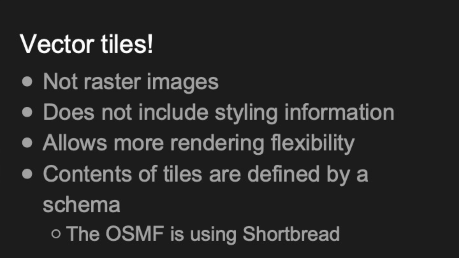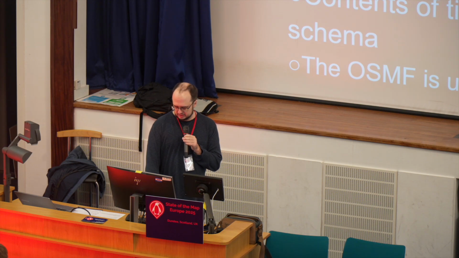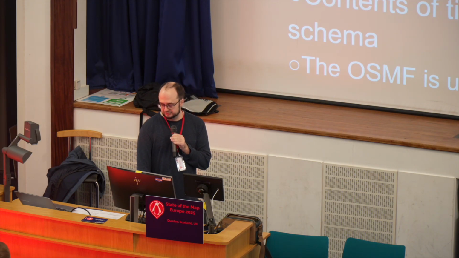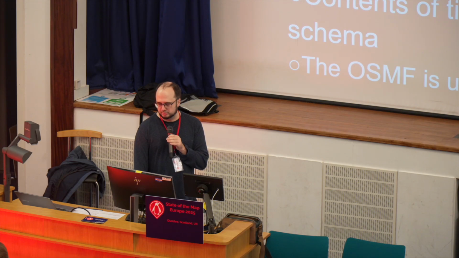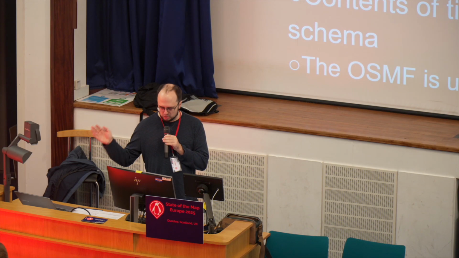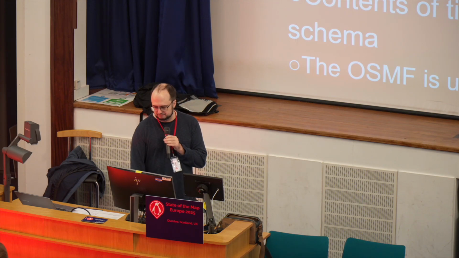We had a Shortbread meeting yesterday evening, and Shortbread is a lightweight schema, so it doesn't include absolutely everything. Everything is a great deal of everything when it comes to OpenStreetMap, but it works for our purposes. There's still more work going on, of course.